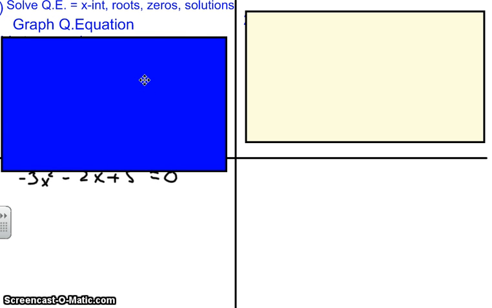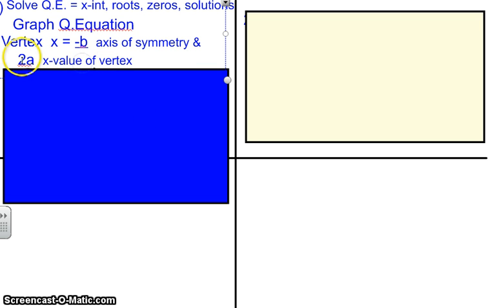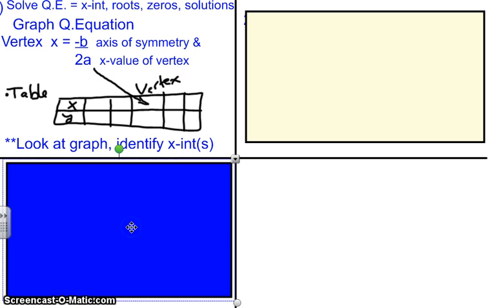When we graph them, we said we find that vertex using that equation we were just talking about. And then we plug that x value back into the equation to find the y value of the vertex.